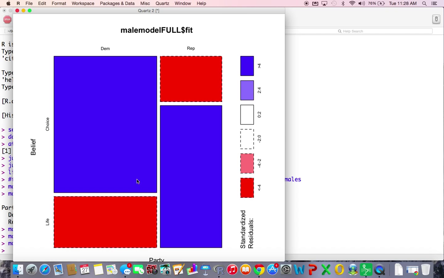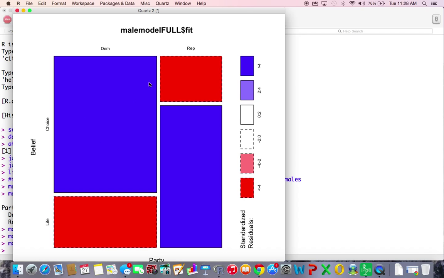What you can see here is that if a cell, or a rectangle, has a dashed line, then that tells us our standardized residuals are negative, which means the observed cell count is less than what we would have expected it to be.